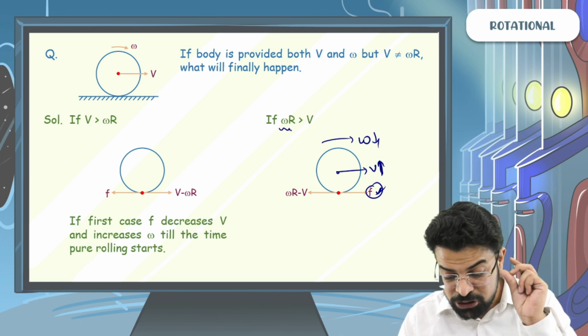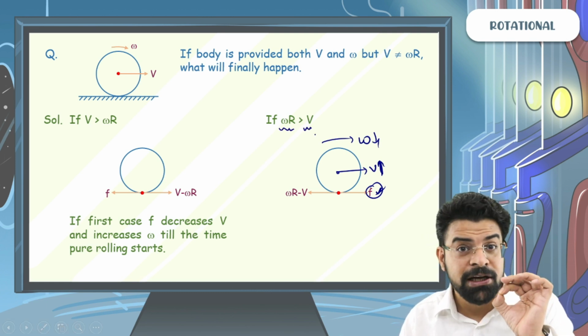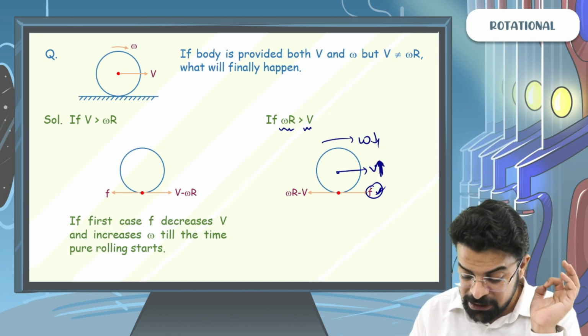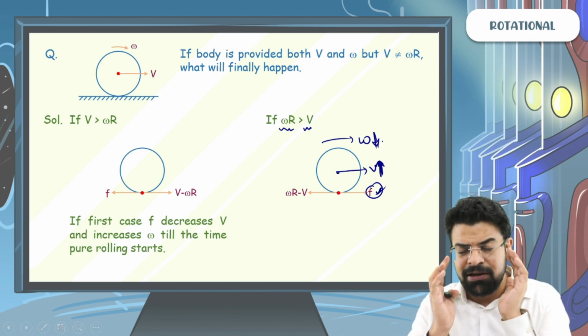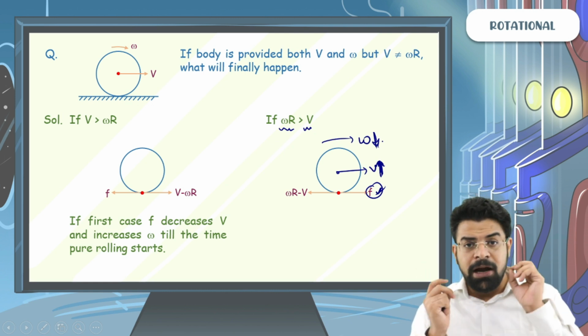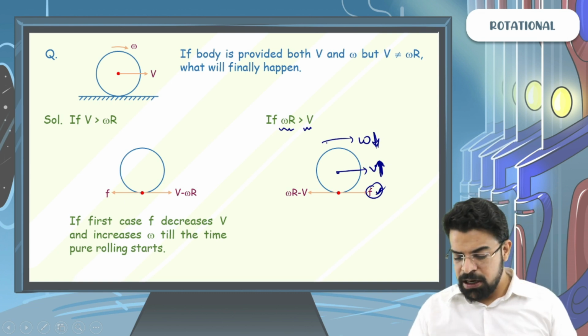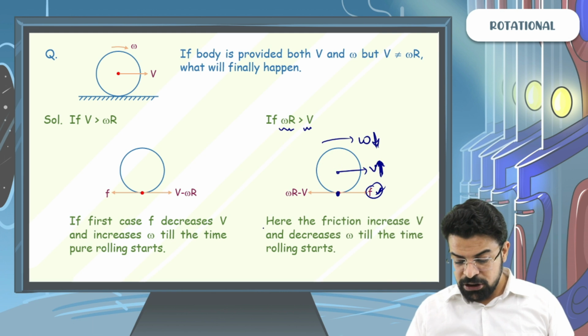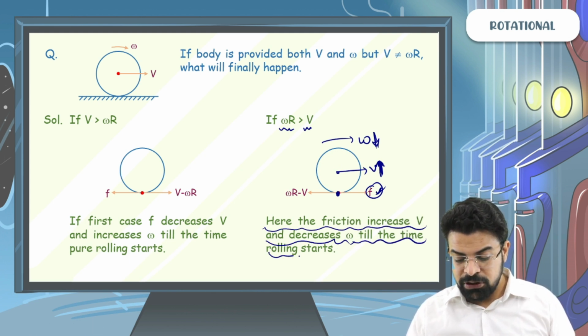Since in this case omega r was more than v, the friction force chose such a direction so as to increase v and to decrease omega till the time the velocity becomes equal to omega r. And once the velocity becomes equal to omega r, at the point of contact there is no relative motion and hence the friction ceases to act. So here the friction increases v and decreases omega till the time the rolling starts.